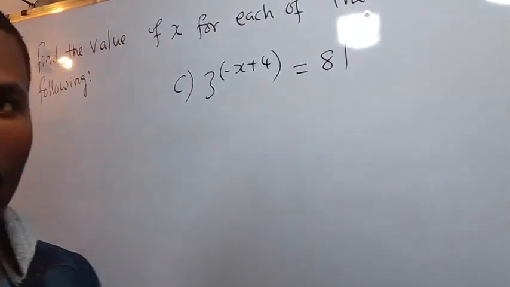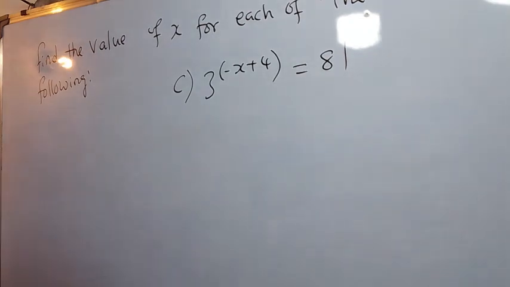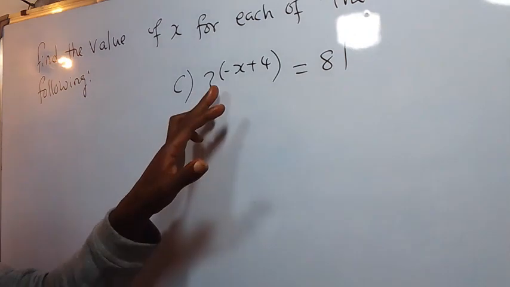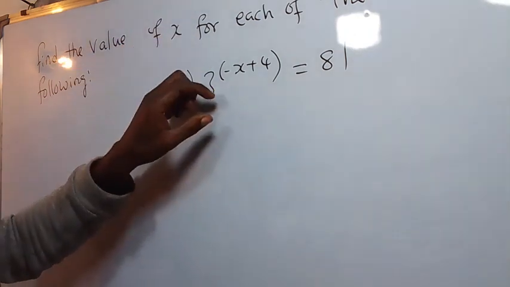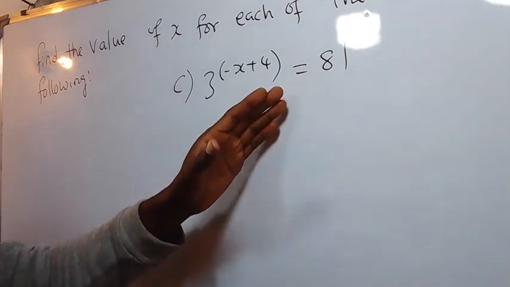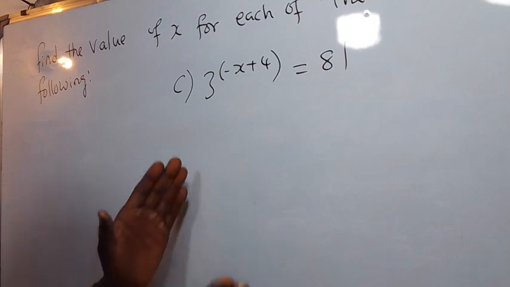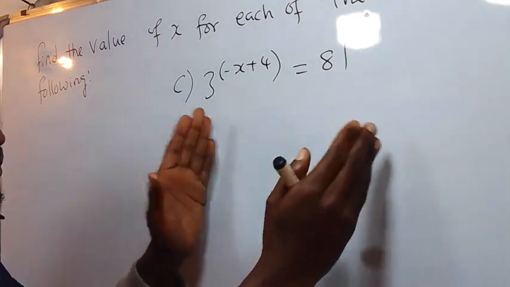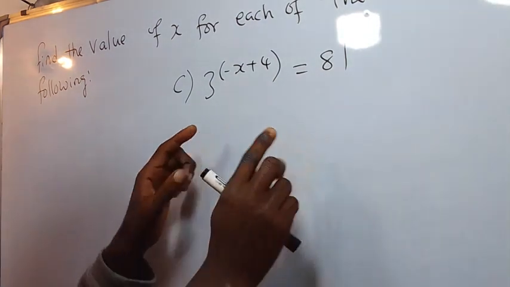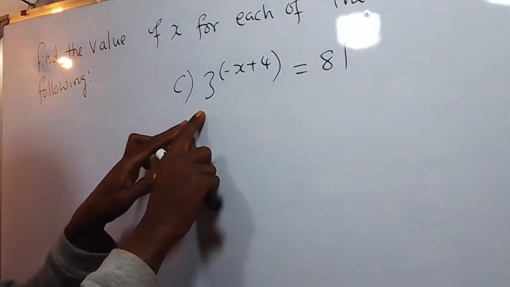Okay, so now let's work out the last part, which is C. The question is saying 3 open bracket raised to the power negative x plus 4 close bracket equals 81. So like I mentioned, the fundamental principle to follow is that you must look at what is on the right-hand side and what is on the left-hand side.